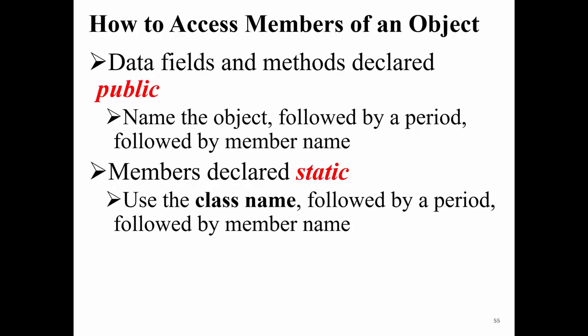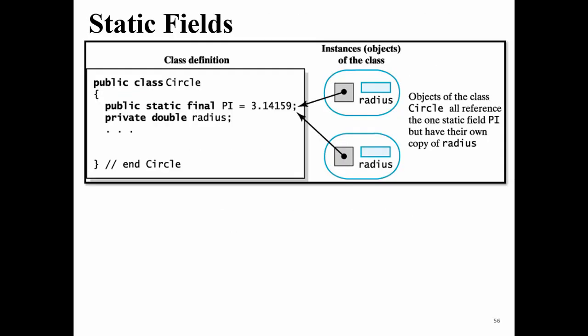Okay, how to access a member of the object, whether it's static or non-static. If it's non-static, that means I have to create the object, then I access it. We call it an instance variable. If it's static, you don't need to create an object. You can access the variable or a method with the name of the class. This is an example. We have a circle and we define public static final pi equal to 3.14.